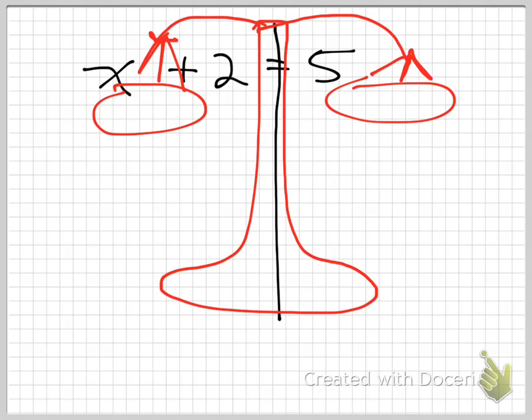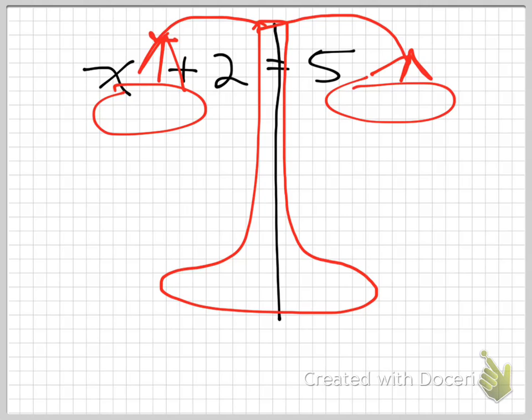Now, here's one of the rules. Anytime you have an equation, you are not allowed to be out of balance. You are never allowed to be out of balance. So, if the variable who wants to be alone wants to get rid of the plus 2 that's on his side, he's going to take away 2 from that side.